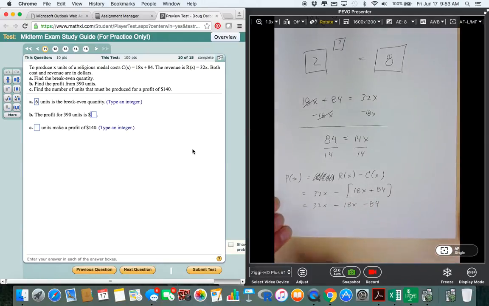Must distribute the negative sign. So 14x minus 84. So my profit for 390 units is going to be putting 390 in there.